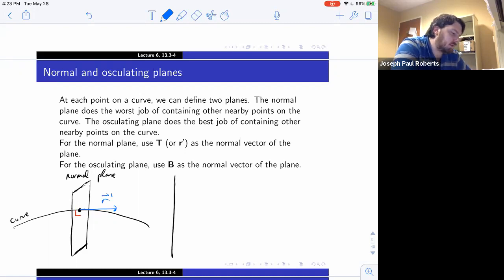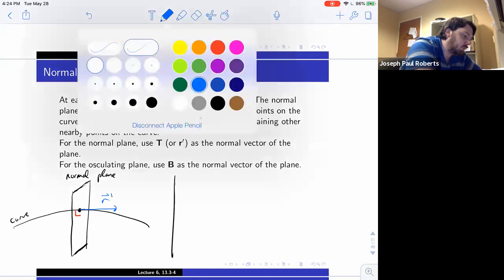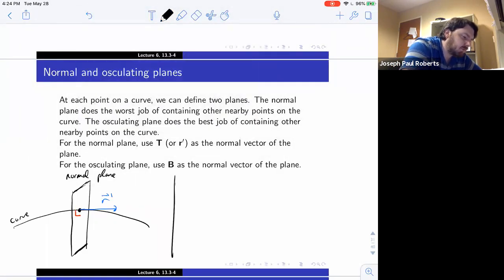So the osculating plane does the best job of containing other nearby points on the curve. If you read the book, it mentions that osculate is Latin for kissing. So this is the plane that kisses the curve at a given point. So the best way I could think about drawing it is, you know, some curves live in planes. We talked about that very briefly.